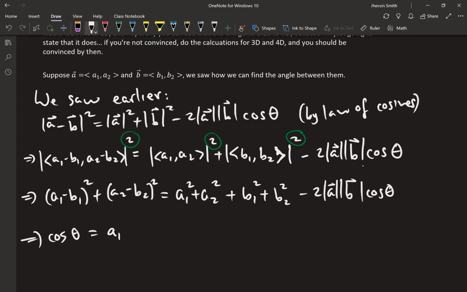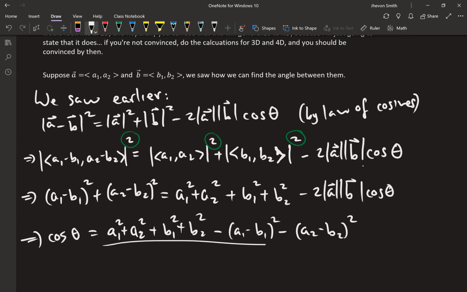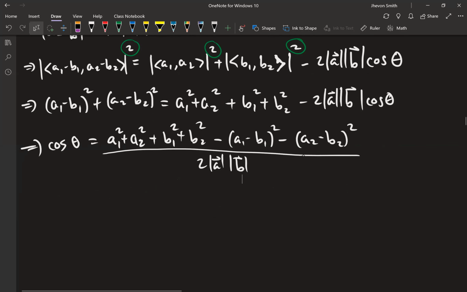Well, it's going to be a1 squared plus a2 squared plus b1 squared plus b2 squared minus a1 minus b1 squared minus a2 minus b2 squared, all over 2 magnitude of a, magnitude of b. Now I start expanding. Okay, so this is a1 squared plus a2 squared, and now you can kind of see why I don't even want to do this in general, just doing it for 2 space. But the calculations are going to look very similar.